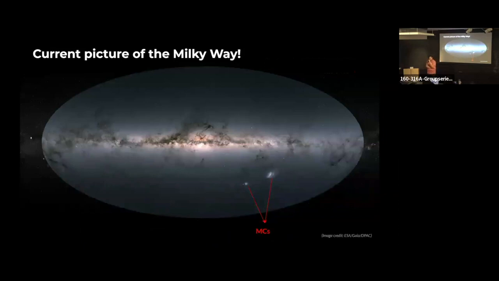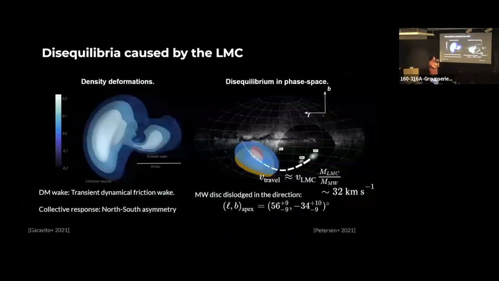So again, this is an LMC conference, and let's talk about how the MCs, or the XMC clouds, as Danny likes to say, come into this picture. With Ekta's talk and Eugene's talk, we definitely know that the Milky Way is in disequilibrium. Broadly, you can categorize this disequilibrium in two ways.